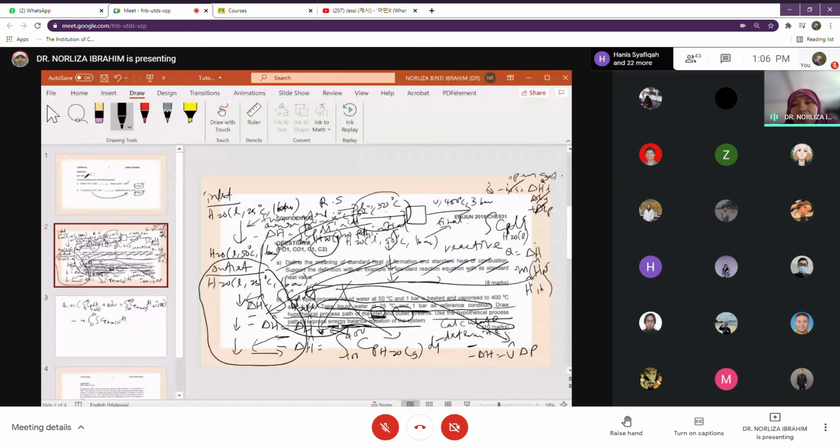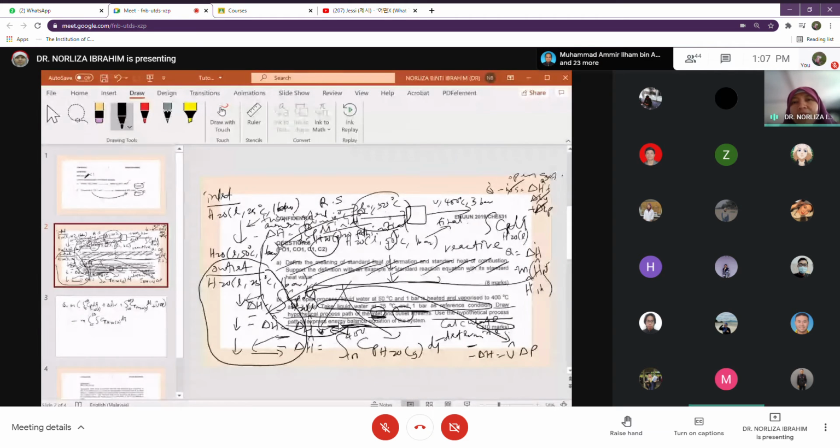It's not wrong to choose liquid at 50 degrees C. It's just to simplify, to make sure that all students follow the same pattern of answering. Itu sahaja. It's not wrong or right. It's also right to choose that.